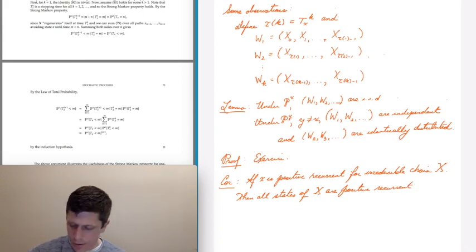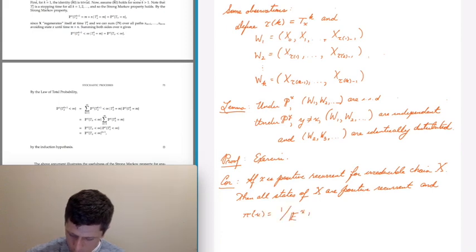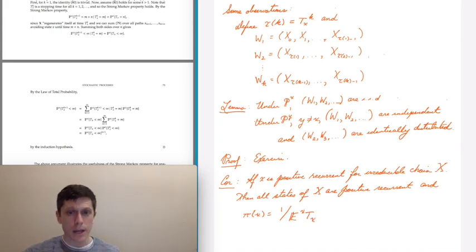And a stationary distribution pi x given by the expression 1 over the expected return time to x is a stationary distribution.